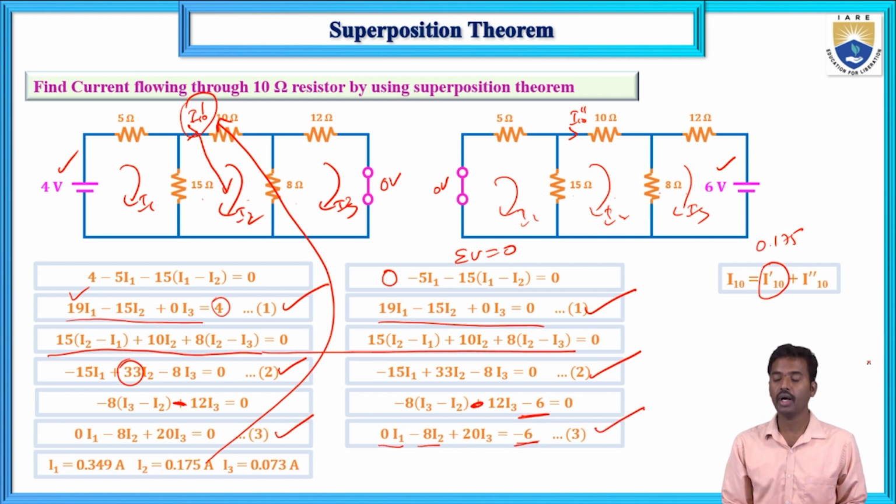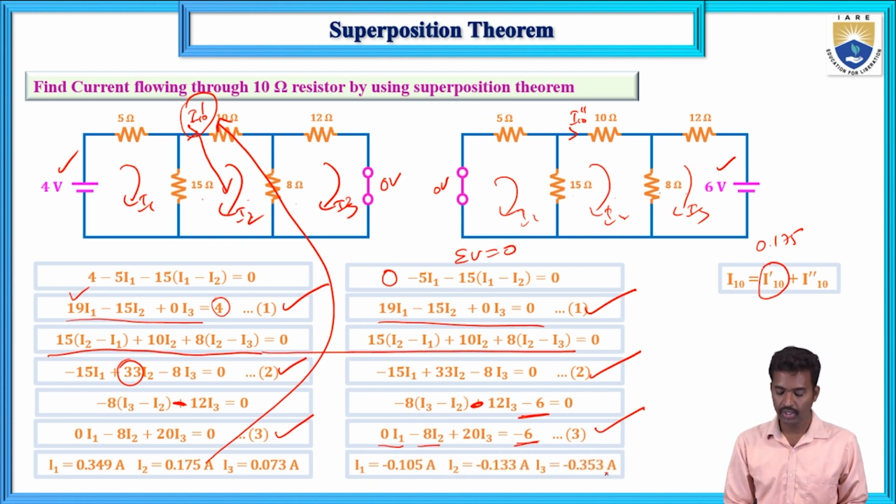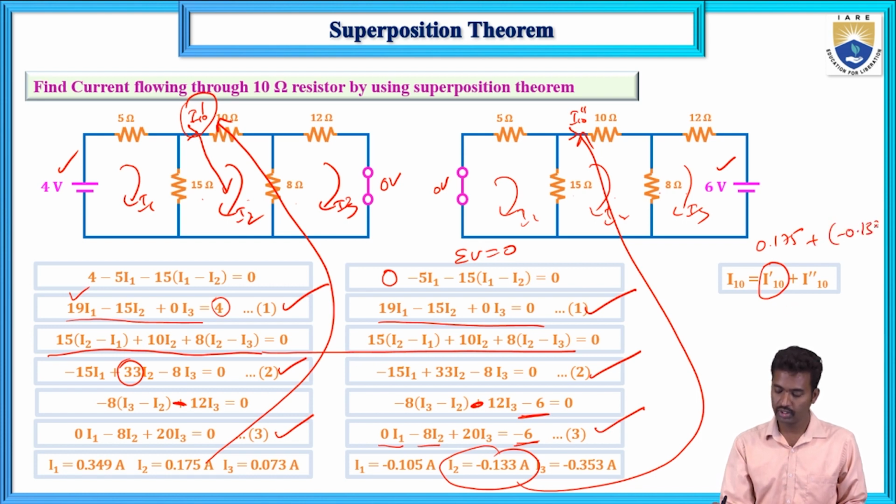Equations number 1, 2, 3, and if you solve them using Cramer's method, I1 equals minus 0.105, I2 equals minus 0.133 and I3 equals minus 0.353. Now here the I2 current is the individual response current, that equals minus 0.133.